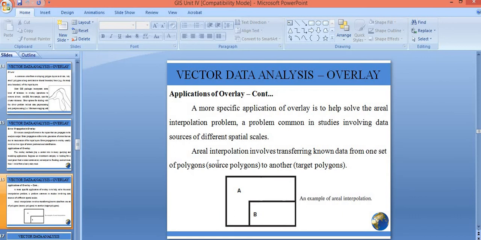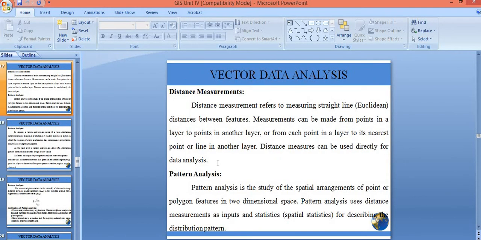Aerial interpolation means transforming the information we have in the known layer to the unknown layer. That is what is called aerial interpolation. We have even solved many problems during our earlier class, so have a glance at it. So these are the other operations.